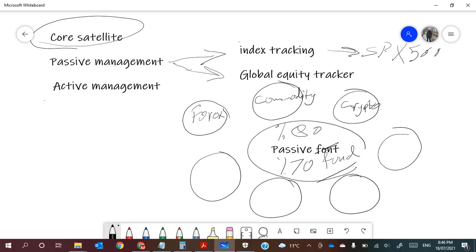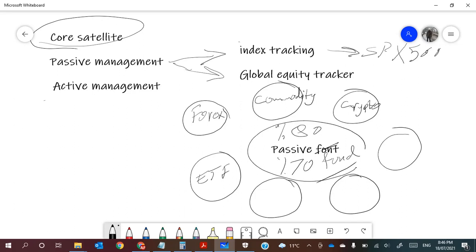Then you can have ETFs, but ETFs can be in the passive part as well. It depends on your strategy. If you want to use a small part, ETFs, these ones are the active part of your portfolio. So you have a 70% passive fund, which normally is an index tracking fund or whatever.